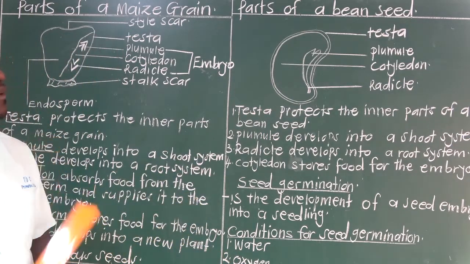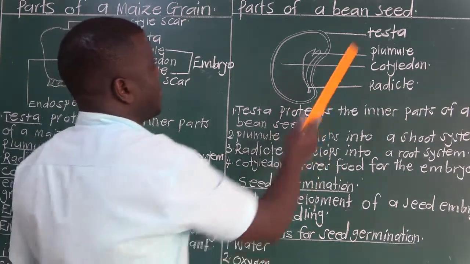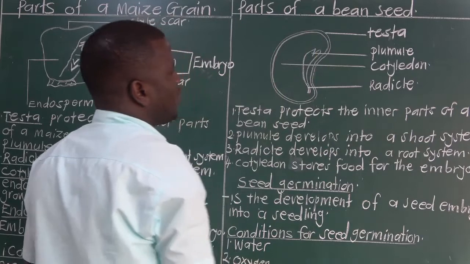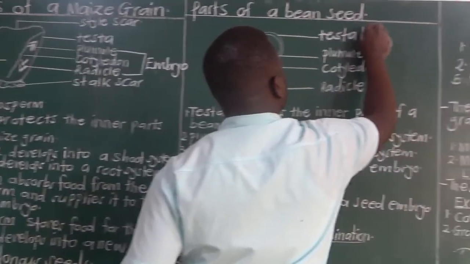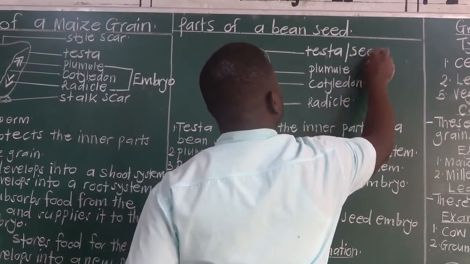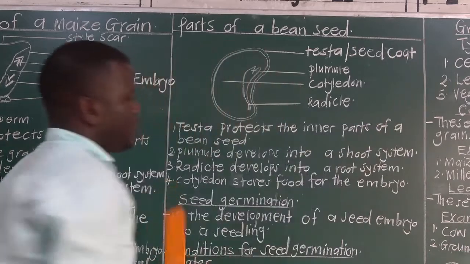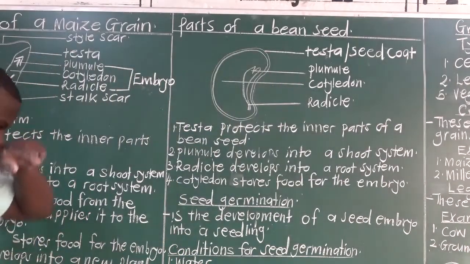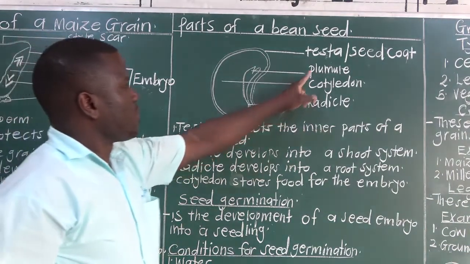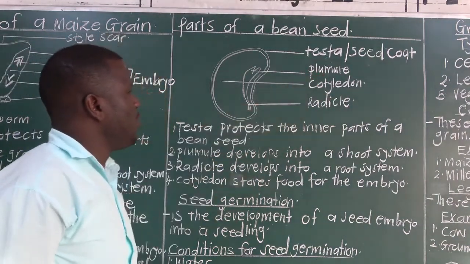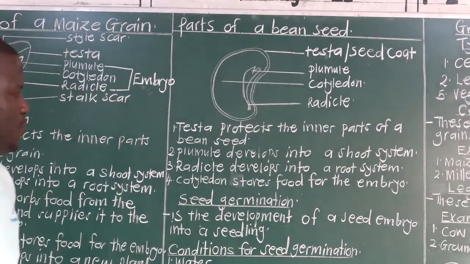Let's look at parts of a bean seed. A bean seed has the tester. This tester is also known as seed coat. Then we have a part called plumule, cotyledon, then radicle.